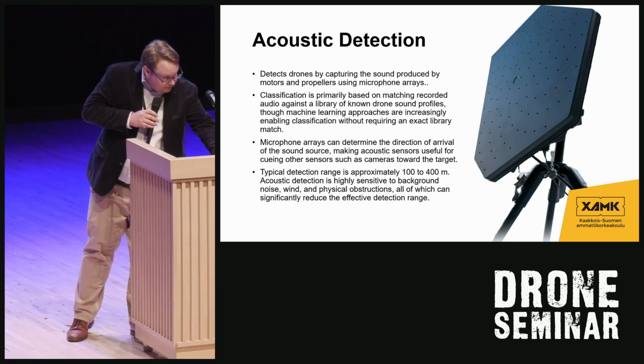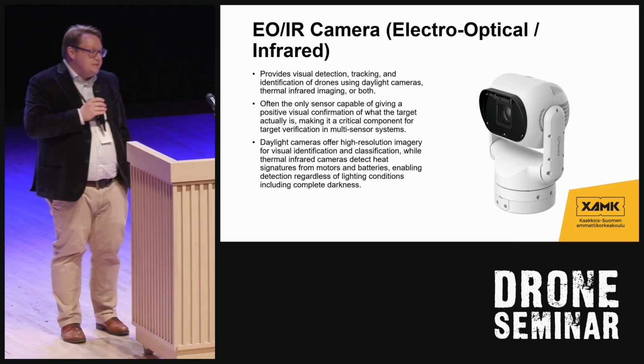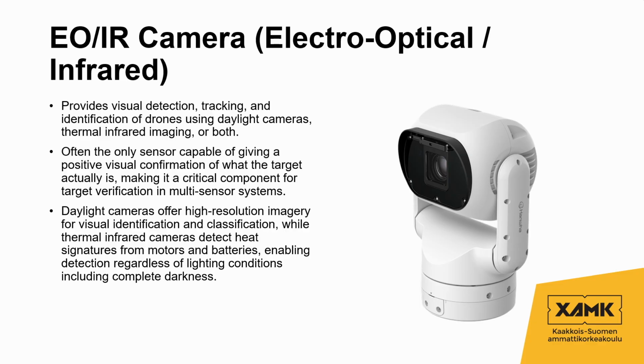And then what we have next. We should also have some evidence that we have actually detected the drone, and that's why drone detection usually employs cameras. Here I have a picture of a pan tilt zoom camera.